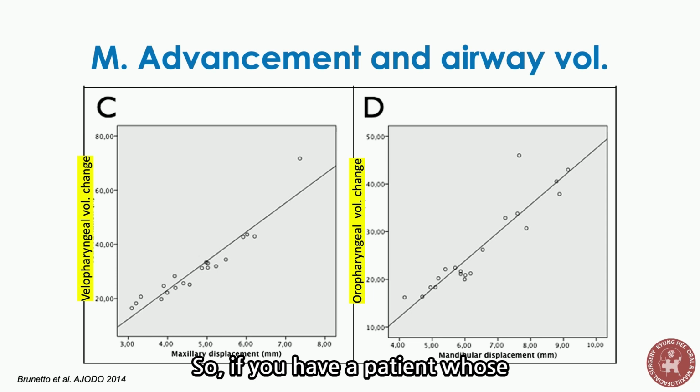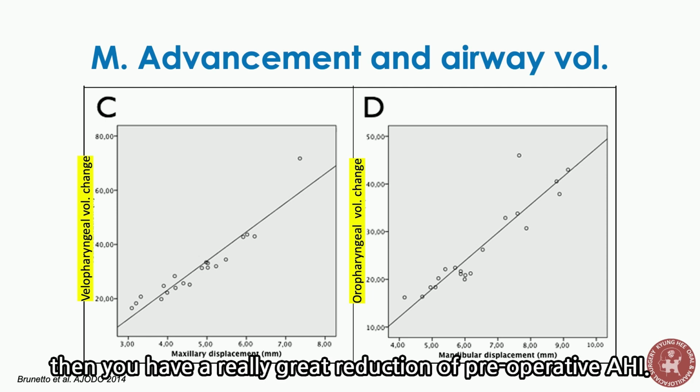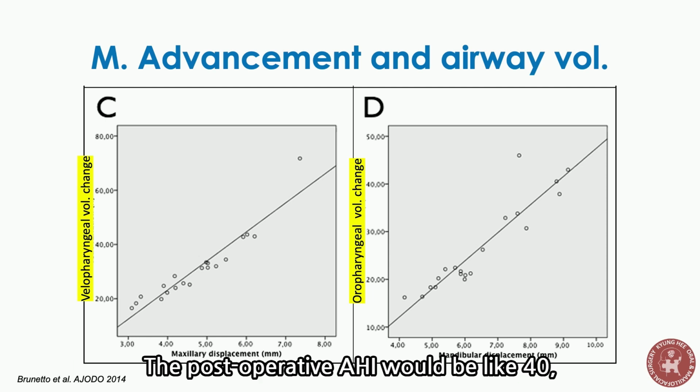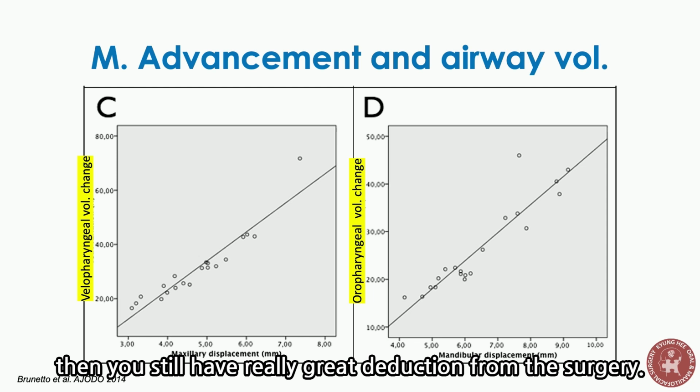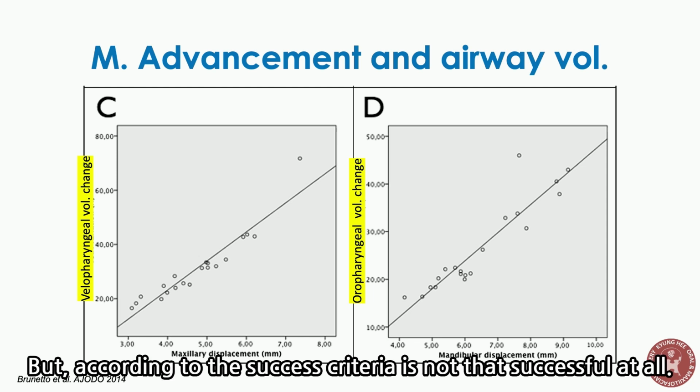If you have a patient whose preoperative AHI is more than 90, then you have a really great reduction of the preoperative AHI. The postoperative AHI will be like 40. Then you still have a really great reduction from the surgery, but according to the success criteria, it is not that successful at all.